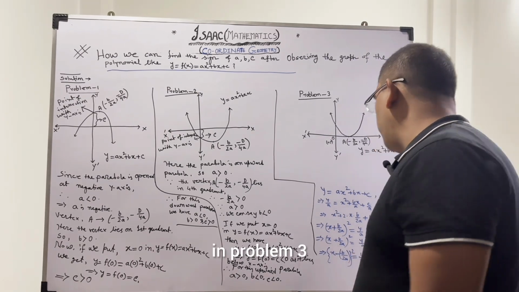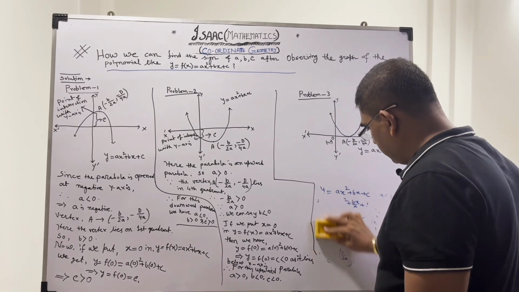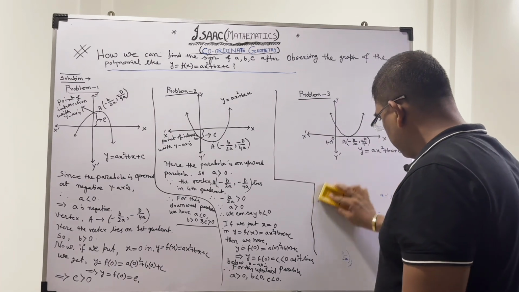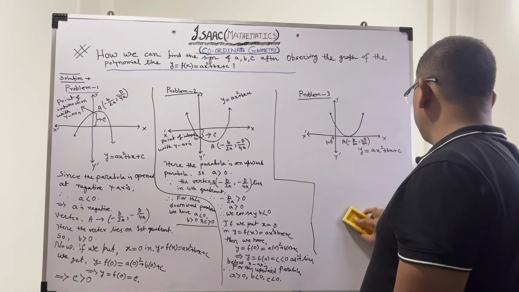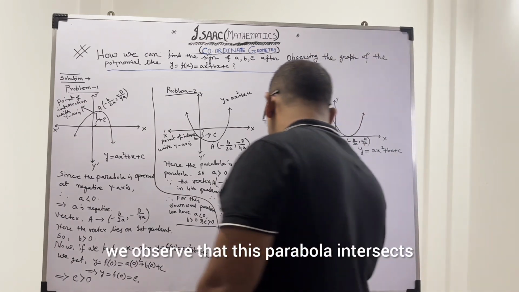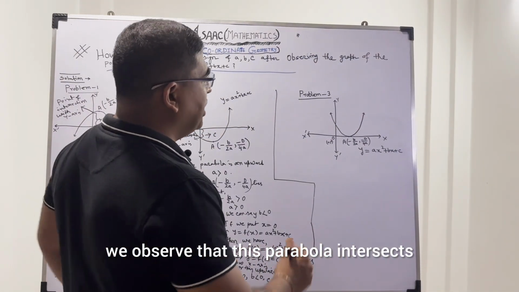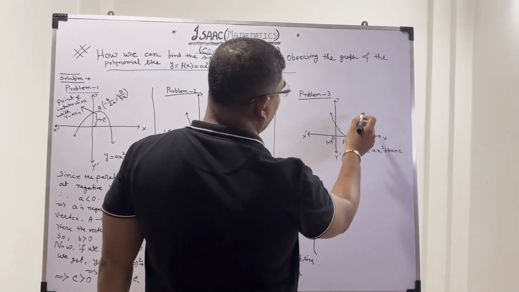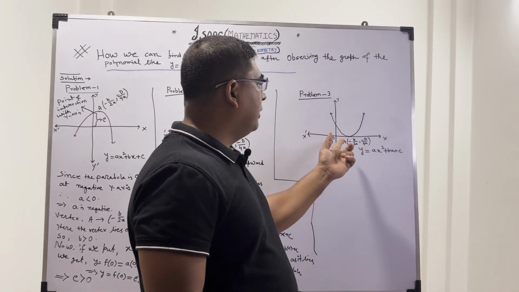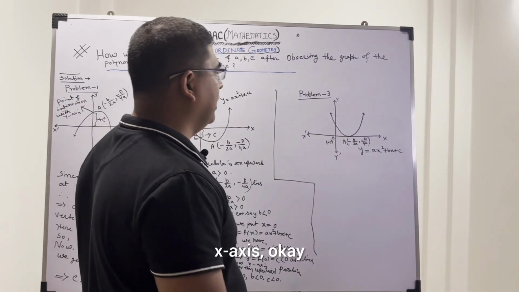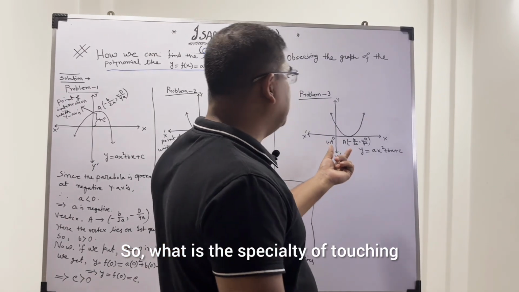Now in problem 3, we observe that this parabola touches the x-axis. So what is the speciality of touching?